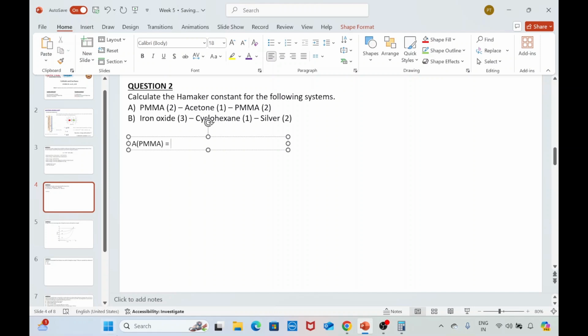The Hamaker's constant for PMMA, that is polymethyl methacrylate, is 7.11 times 10 to the power minus 20.